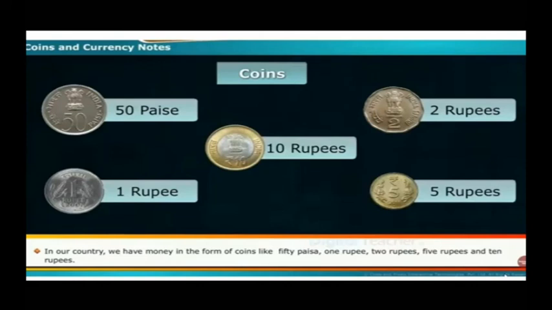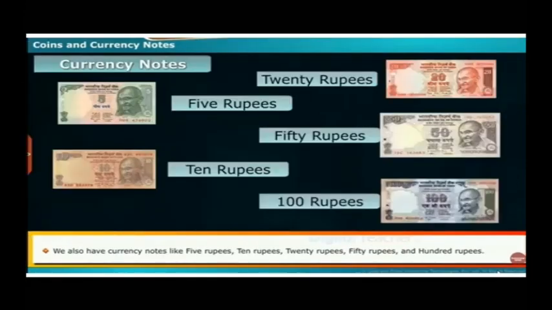In our country, we have money in the form of coins like 50 paise, 1 rupee, 2 rupees, 5 rupees and 10 rupees. We also have currency notes like 5 rupees, 10 rupees, 20 rupees, 50 rupees, 100 rupees, 200 rupees, 500 rupees and 2000 rupees.